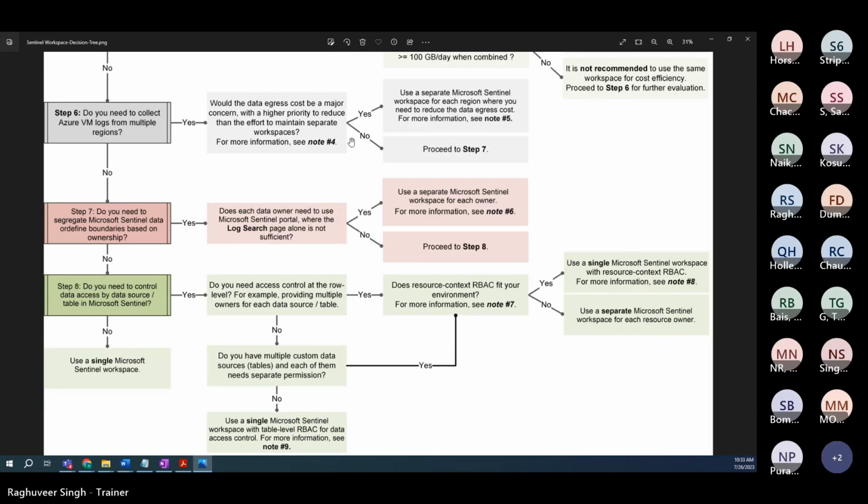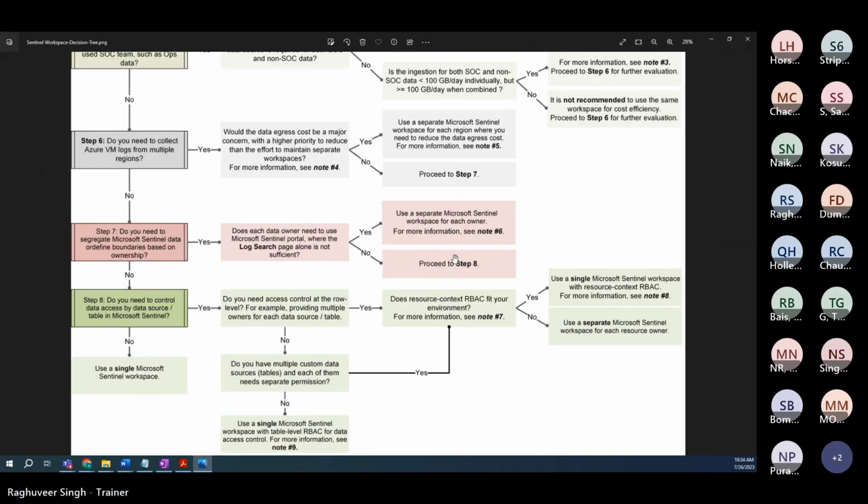So this is how you basically infer the decision tree, which is provided by Microsoft for designing the Sentinel architecture. Let me know if you have any questions here, guys. This comprises all the use cases, all the design questions and considerations that you may think of with respect to Sentinel design. After this, I will show you a couple of sample workspace design best practices and design architectures.